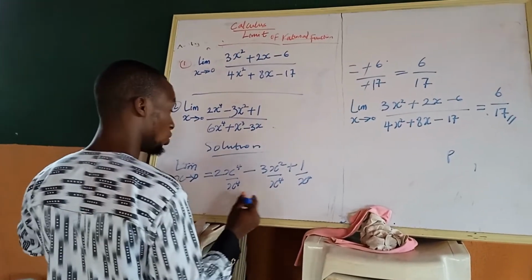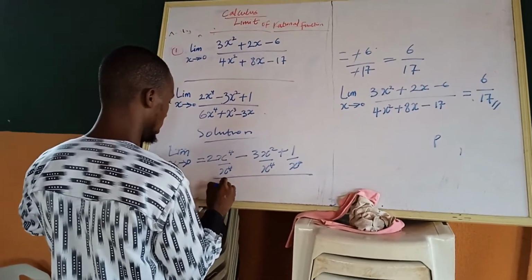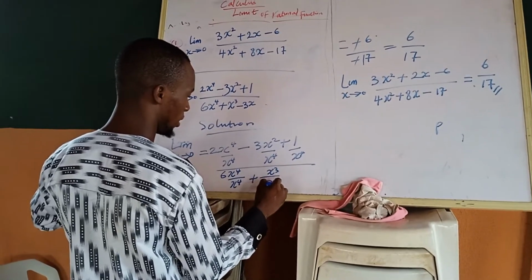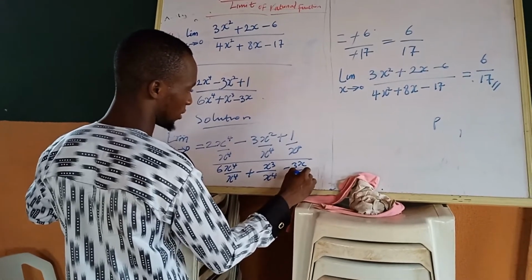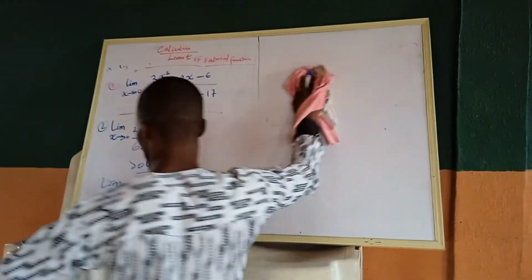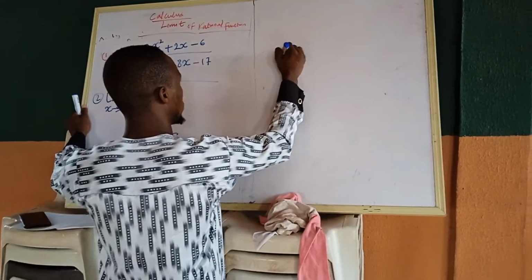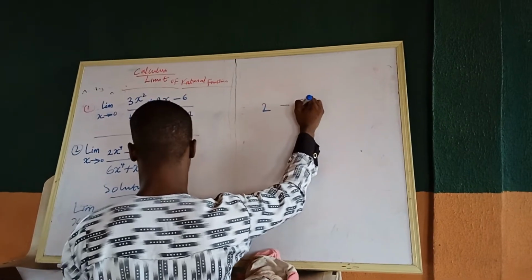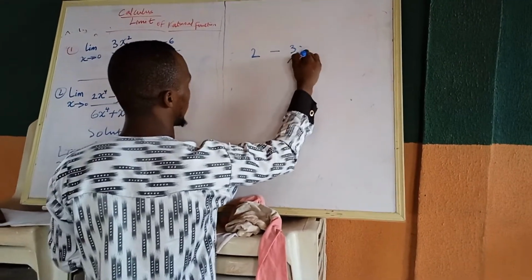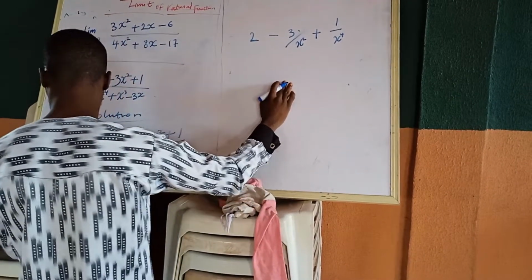We have 2, because we still have our 2 here, minus 3x² over x⁴, which is 3 over x², plus 1 over x⁴.